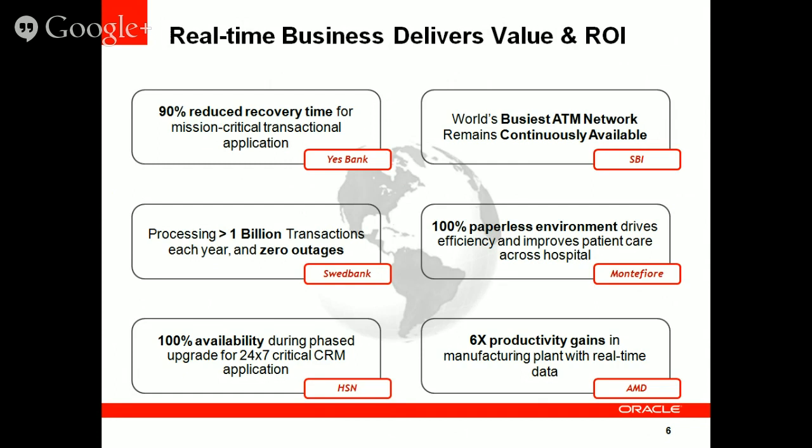Montefiore, 100% paperless environment drives efficiency and improves patient care across hospital. HCN, 100% availability during phased upgrade for 24/7 critical CRM application. AMD company, they are having productivity gains in manufacturing plant with real-time data. So all these companies, they have implemented GoldenGate and they need return from their investment.